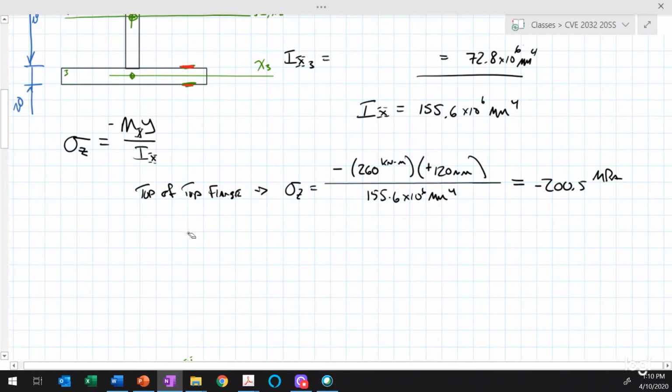All right, and then let's suppose that we wanted to calculate the stress at the bottom of the top flange.